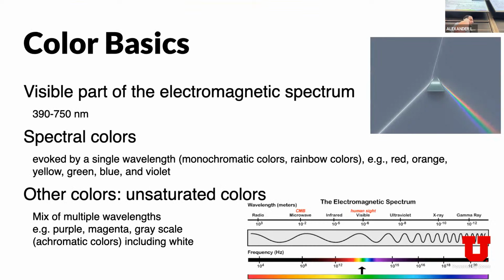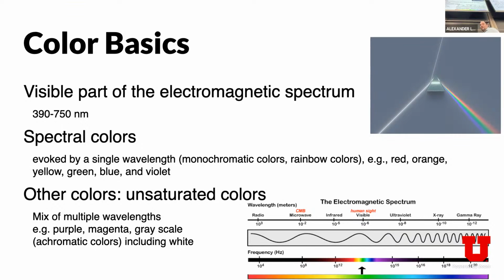So the basics of color is the visible part of the electromagnetic spectrum, so electromagnetic waves or particles with around 390 to 750 nanometers wavelength, right? And the spectral colors are the colors that are evoked by a single wavelength. These are often called monochromatic colors or the rainbow colors, because this is exactly what they are.